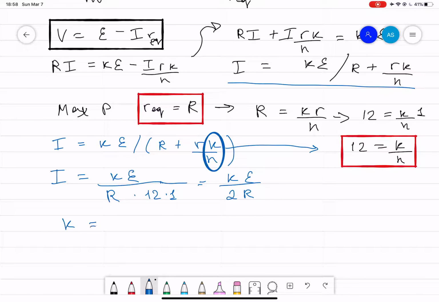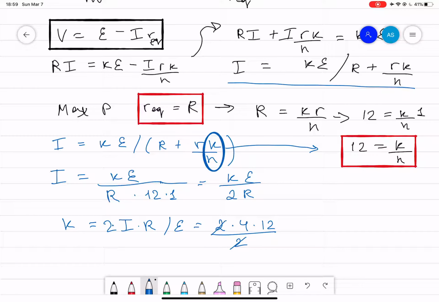K is equal to I times 2R divided by EMF. Now I is equal to 4 amperes, R is equal to 12, and EMF is equal to 2.